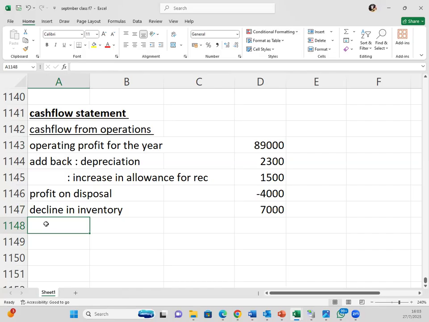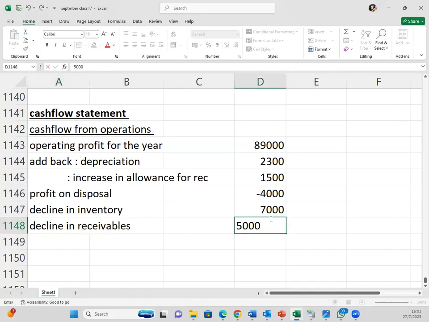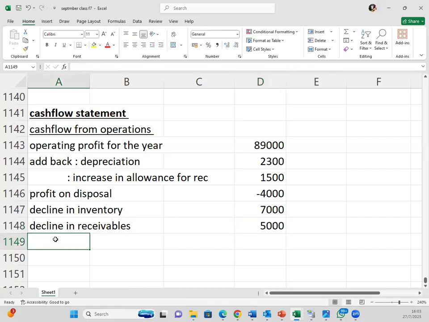So when the receivables reduce, again, it's money that's coming in the business. The opposite is true. If these increase, it means it's money going out. So decline in receivables, it's money coming in the business. Because those that were owing us, they have actually paid. That's why the balance is now less. So if the receivables reduce, it's money coming into the business.